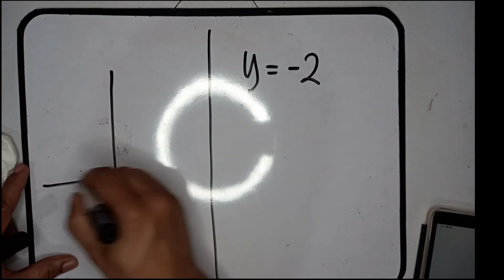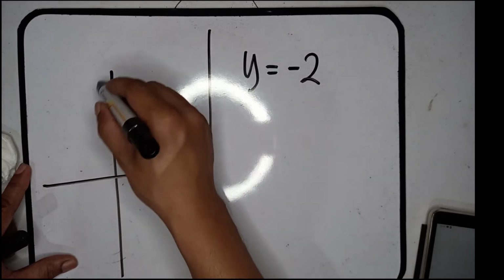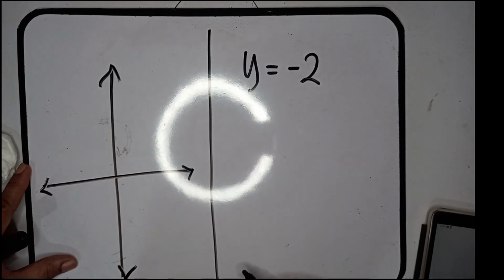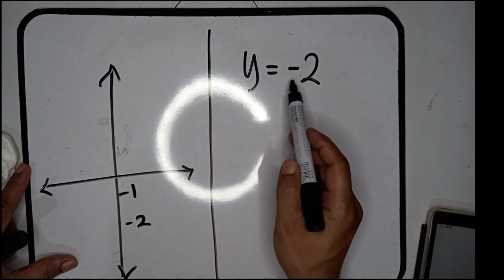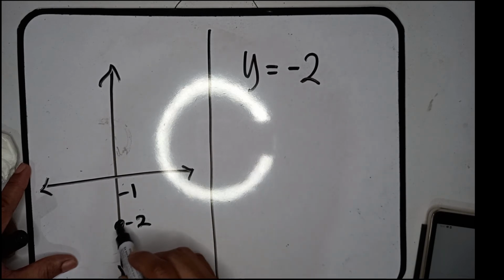So create your graph, and then write the numbers of your x-axis and y-axis. For this, we have only the y-axis. So 1 and then 2, and since we have a value of -2 here, the point is around here.